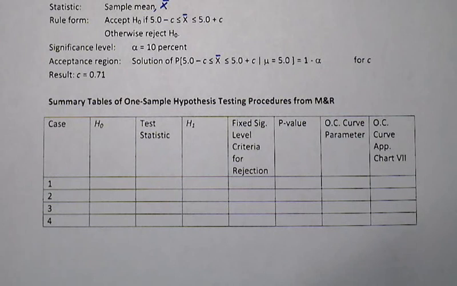That's a great way to sort of summarize, crystallize this information in your own mind, or come up with your own version of this table that makes sense to you in particular. While you're doing that, you'll also note that there is a summary table for 2 sample hypothesis testing procedures, and they take up 2 pages instead of half a page. So anyways, take note that they're good resources for you to have around.